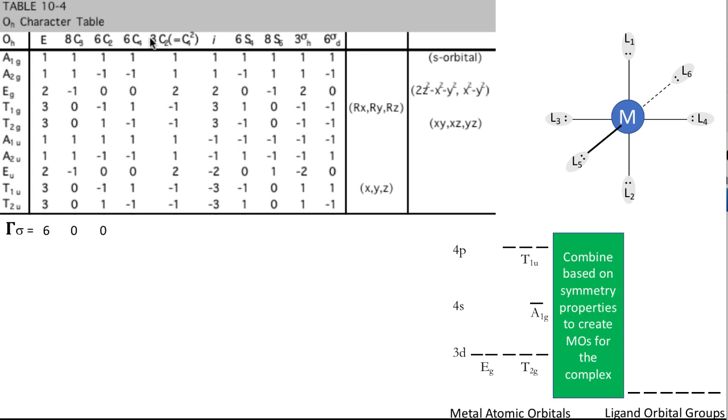The C4 rotation is on an axis that goes through the bonds, right? So of course, we have several of those rotations. There's 3 C4 axes, each with 2 different operations for a total of 6.